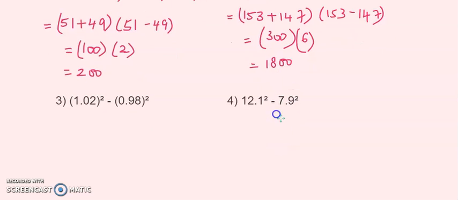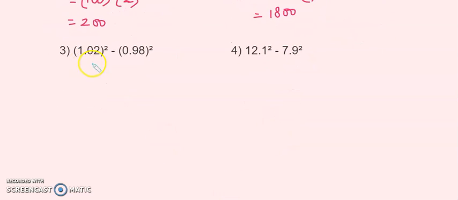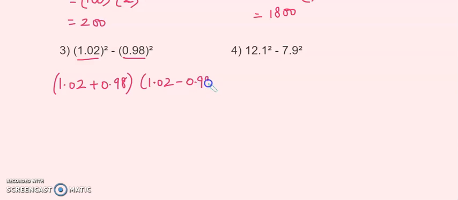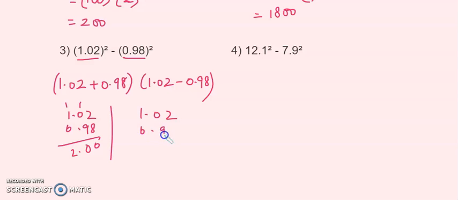Next, what is our a? 1.02. And what is our b? 0.98. So 1.02 plus 0.98 multiplied by 1.02 minus 0.98. Okay, so if I add this, I'm going to get a 2. Let's check the addition, a quick addition, then I'll erase it. So it's a 2 when I'm adding them. And when I'm subtracting them, let's see what we are getting.